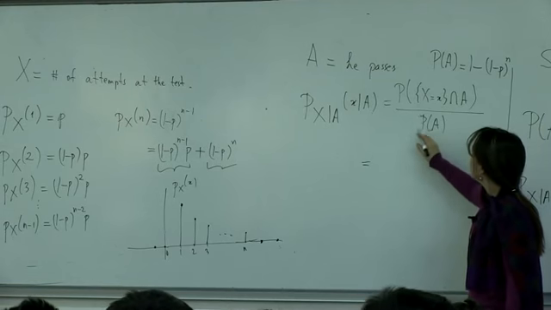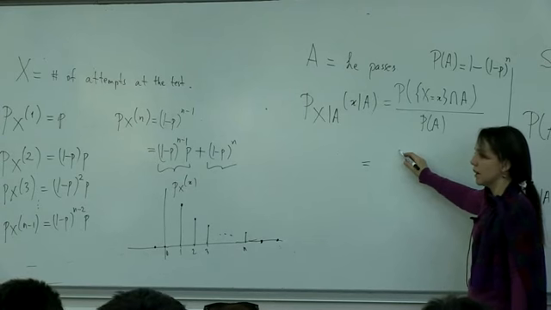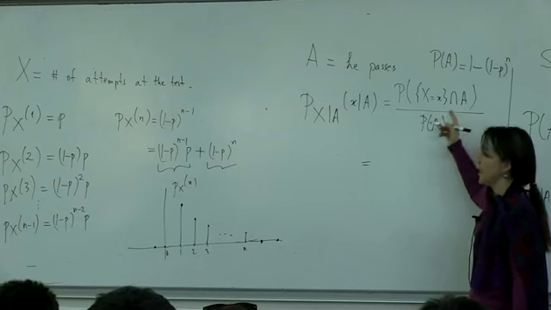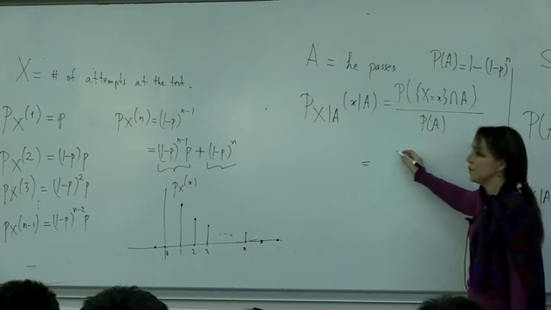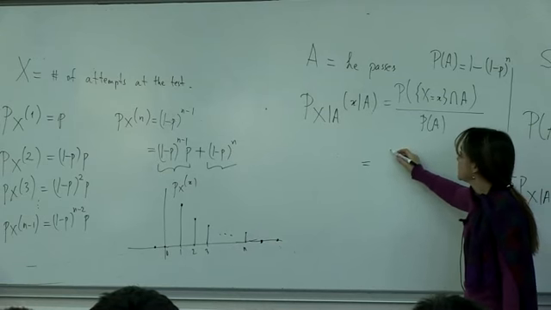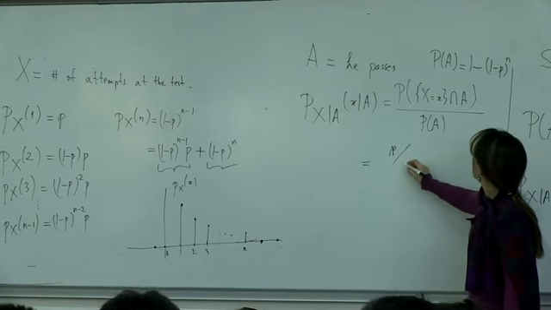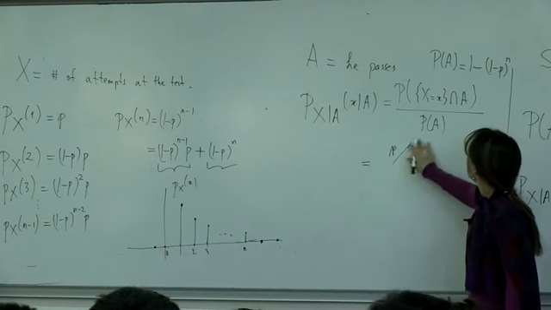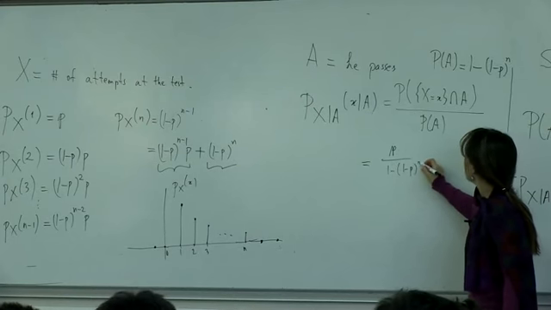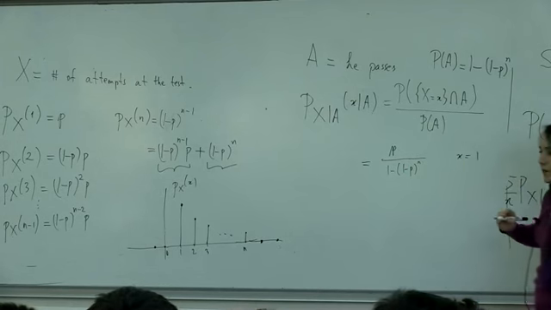Now, what is the probability that x is 1 and he passes? Well, if x is 1, he passed. So it's the probability that x is 1, p, divided by P of A, which is 1 minus p to the n, if x is 1.